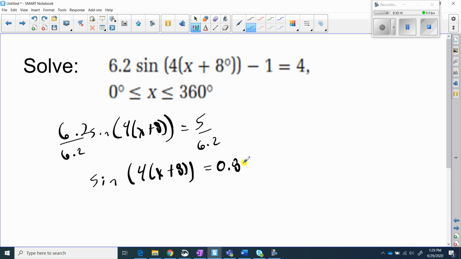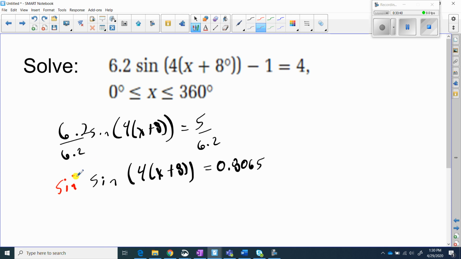For trig functions, to get your angles as accurate as possible, you want to carry at least 4 decimal places: 0.8065. Oh, no, sorry, I haven't used trig yet. Now I've got to make sure I switch back from degrees to radians. You see what I mean, if I hadn't thought of that before I got to here, I would have been in a mess again.